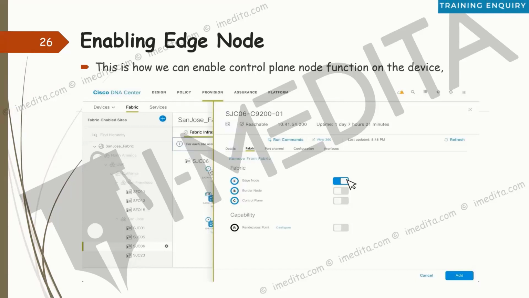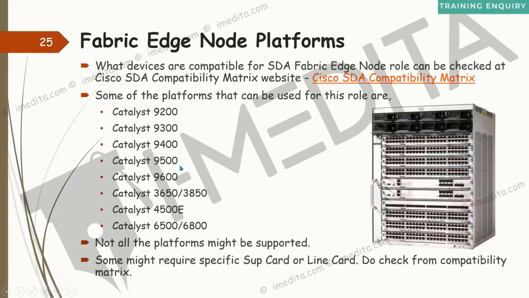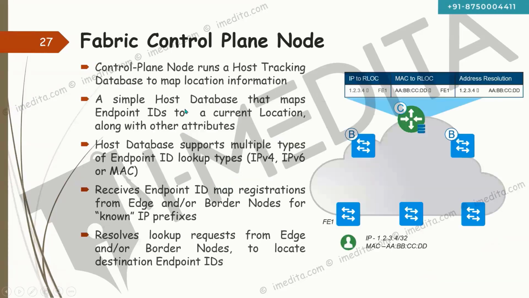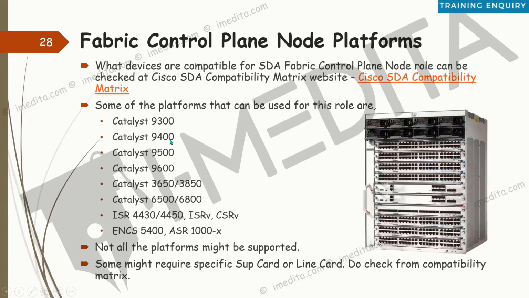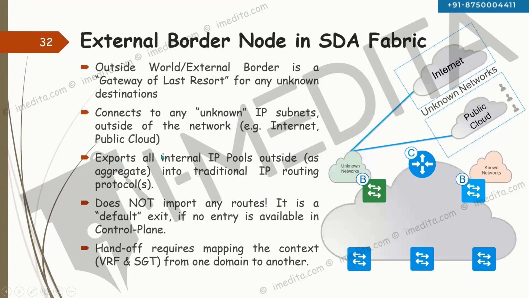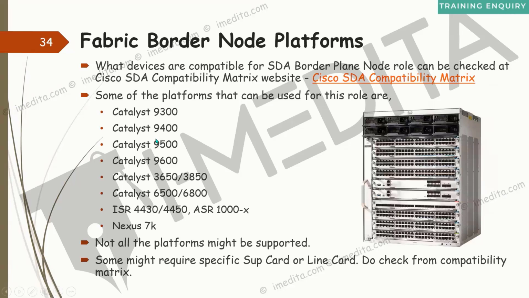So if I am purchasing a switch that is capable of edge node, there is also a possibility that I cannot make that switch a border or a control plane node, right? Let's say you are purchasing at least a 9500 series switch. It can act as the edge node, it can act as the control plane node, as you can see here, and it can also act as the border node.